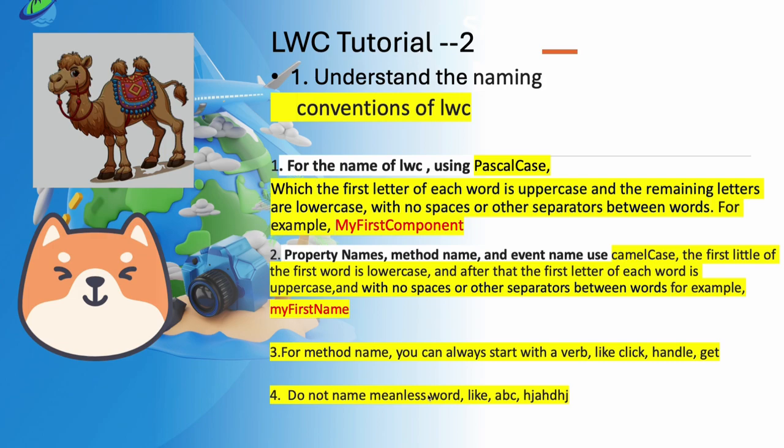What is the purpose of this code? What's your intention of doing this? So you'd better name things with a word with a meaning. So I think these four factors are what we need to be very careful about when we do the naming of this LWC.